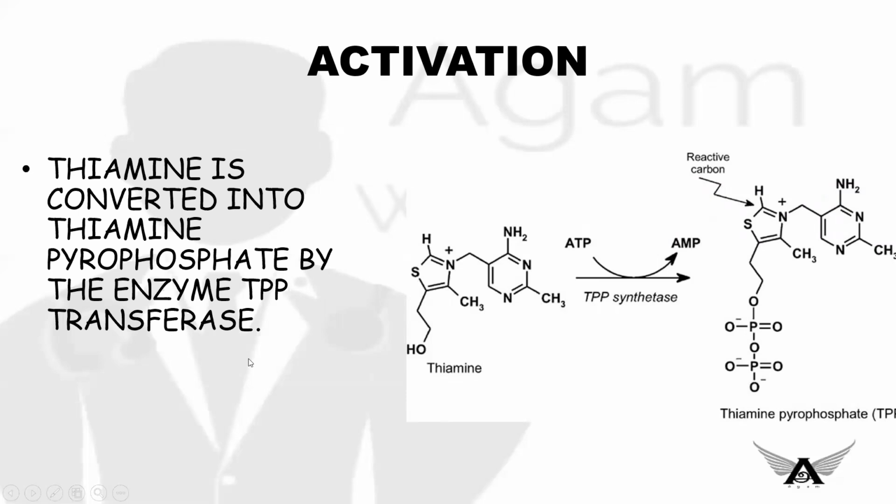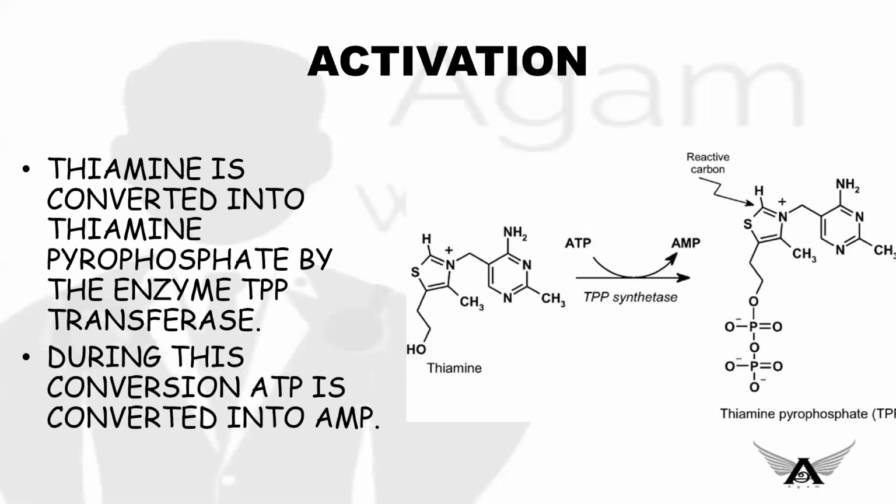This enzyme involves the removal of two phosphate atoms from ATP, that is, it is an energy consuming process. ATP will be converted into AMP and this pyrophosphate from ATP is removed and added to the OH group of thiamine. So this is what takes place in the conversion of thiamine to thiamine pyrophosphate.